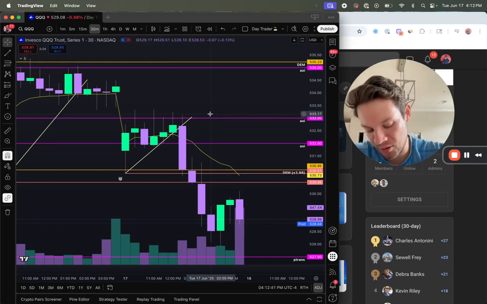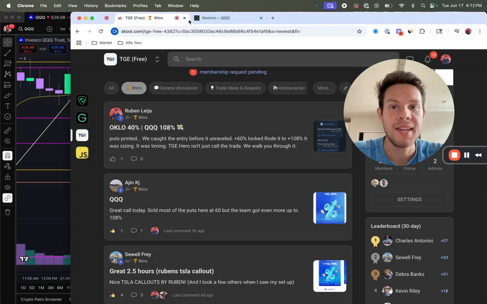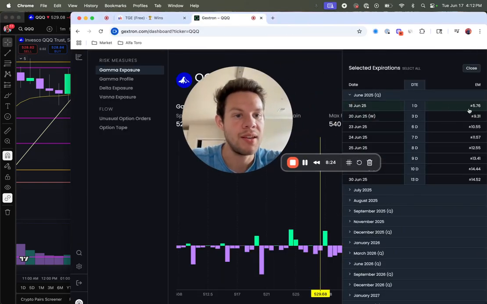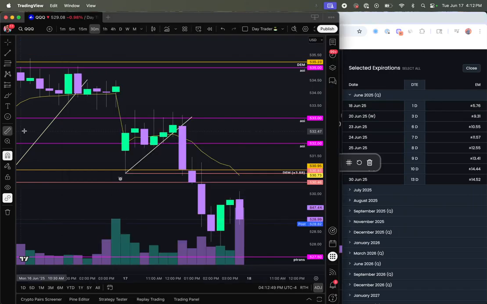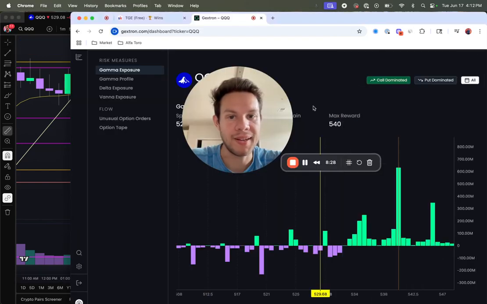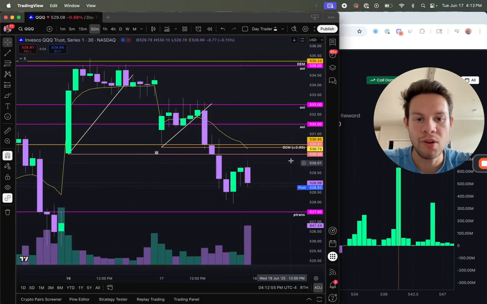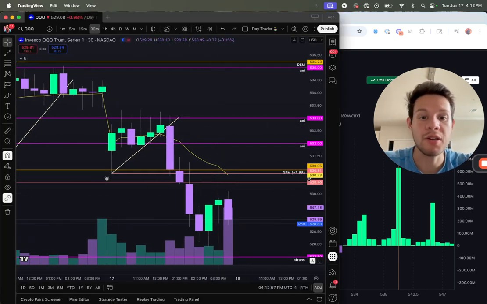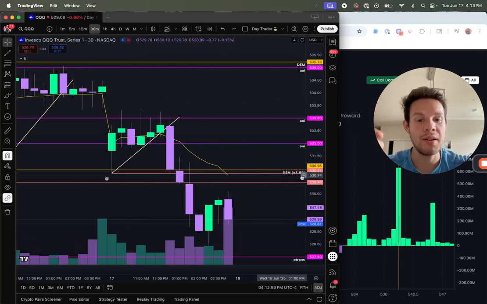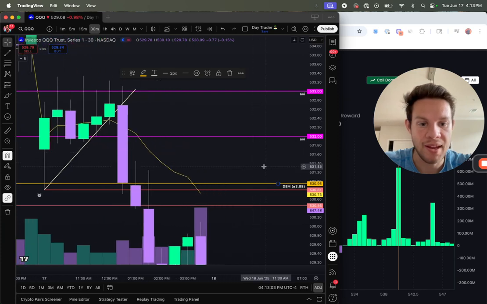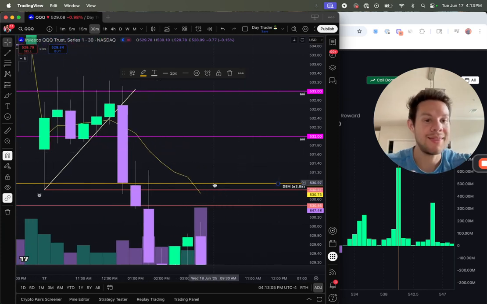This is where Gextron comes in and says, here is the daily expected move for the expiration. At the time, let me put my face back in here, the expected move for QQQ when I took this trade was this line right here that says DEM, okay? 530.95. That was the target, and that was it.